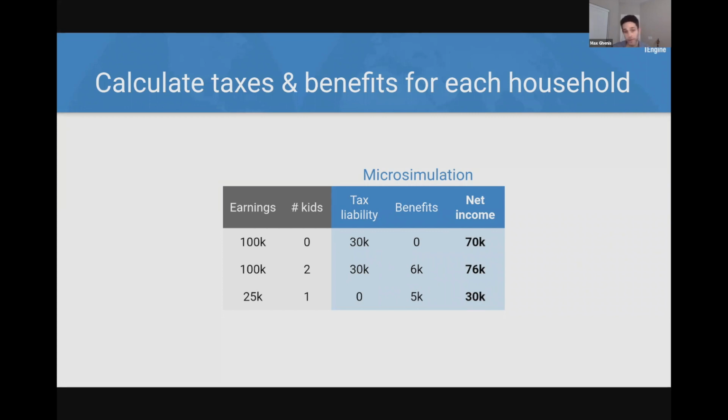You're going to have some information about that household, such as earnings, numbers of kids, marital status, maybe dividends, capital gains, other kinds of income.